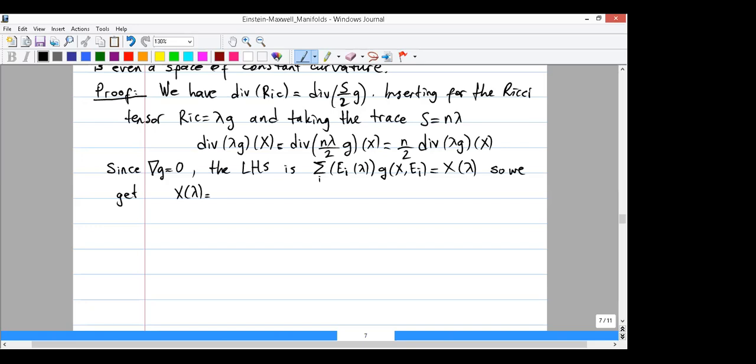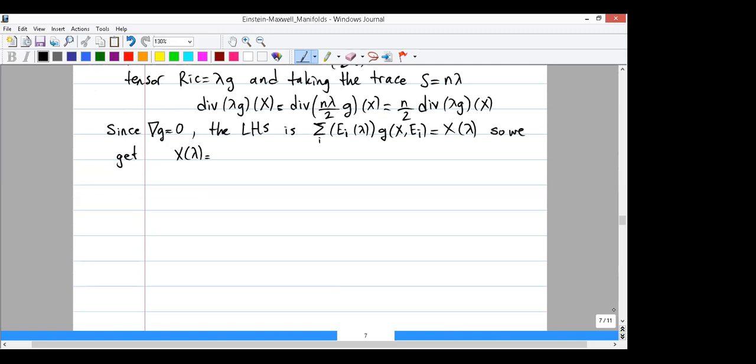The e_i are the elements of the orthonormal basis. n over 2 X lambda.